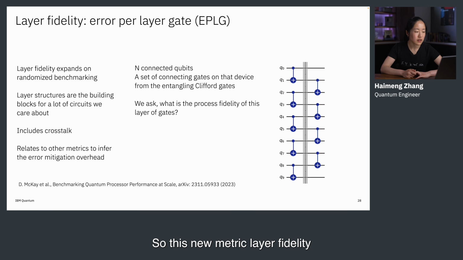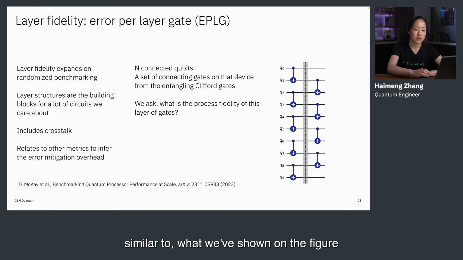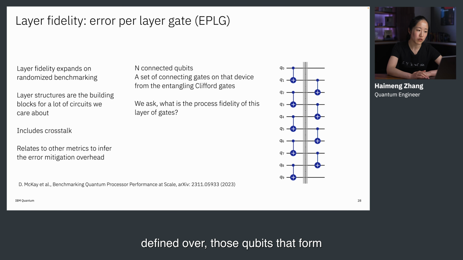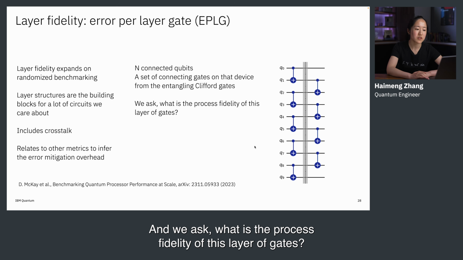This new metric, layer fidelity, is defined over, say, n connected qubits. Similar to what we've shown on the figure here, we are concerned with a set of connecting gates defined over those qubits that form an entangling Clifford layer. And we ask, what is the process fidelity of this layer of gates?